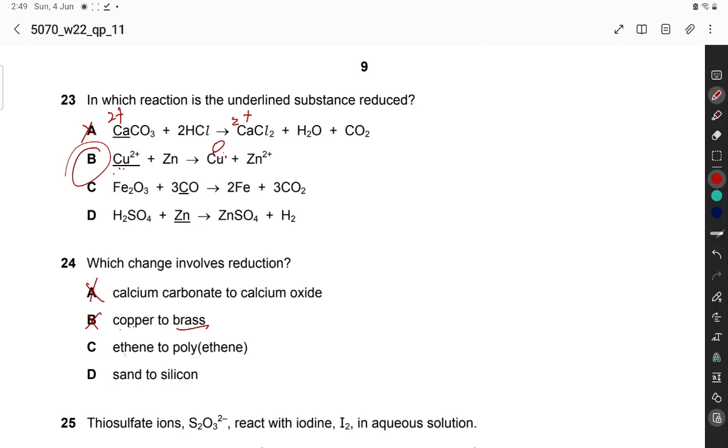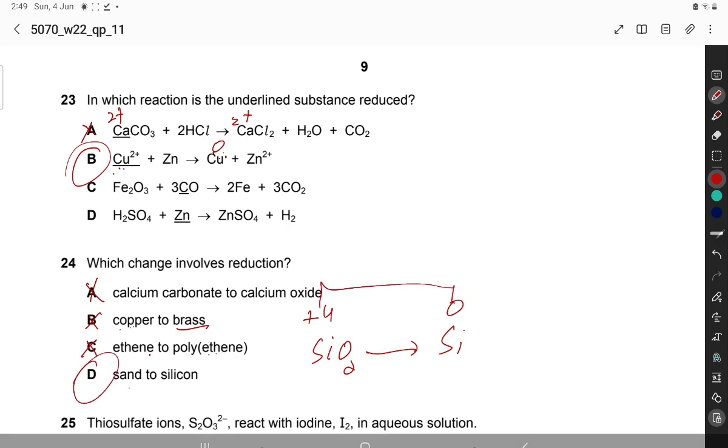Ethene to polyethene. There is no change in the number of atoms, so it is also incorrect. Sand to silicon. SiO2 to silicon. Over here plus 4, over here 0, so it is reduced. D is the correct option.